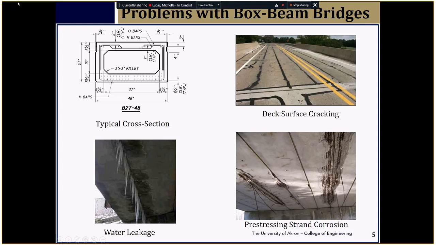On the sides of an interior box, you will see the keyway recess formed in the box beam itself. There are two depths of keyway recess here. This depth for most box beams is 4 inches, and for larger, deeper box beams, it's about 6 inches.